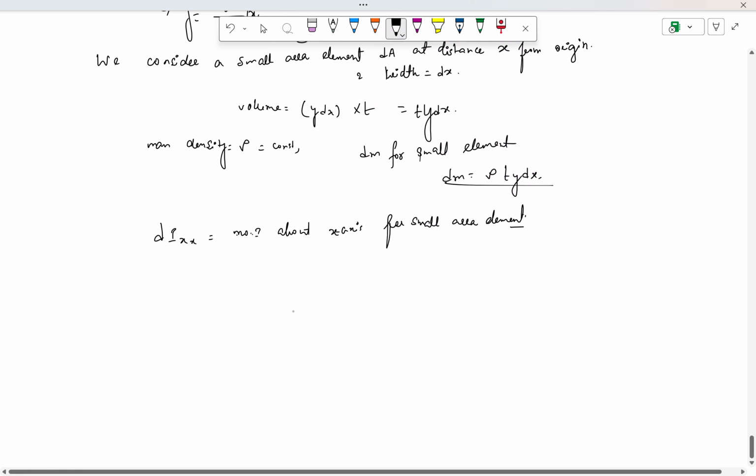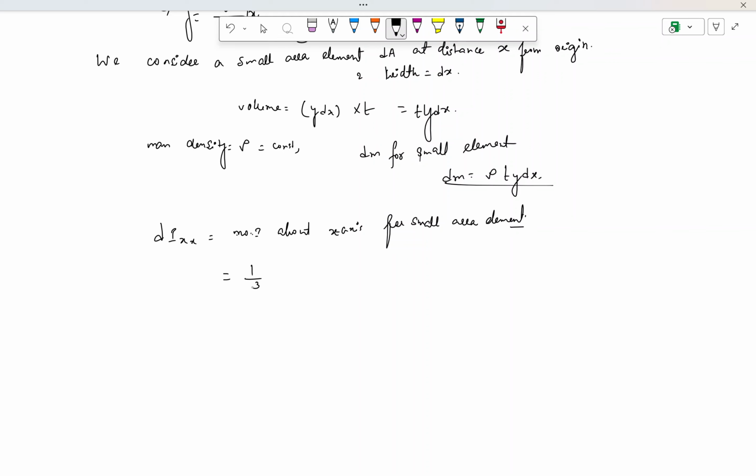So your dIxx will be simply, because you know that Ix is equal to y squared dm, in this case this will be simply 1/3 y squared dm, because this is a 3D picture, and we are only talking about one axis about which we are calculating the moment of inertia.